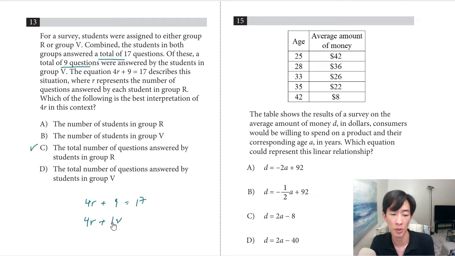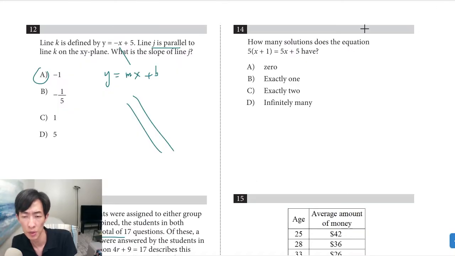So let's say there were 9 people in group V and they each answered 1 question. That's what it would look like. Or it could have said something like this: 4R plus 3V equals 17. And this would mean that each person in group V answered 3 questions, each person in group R answered 4 questions. So regardless, they kind of just want you to be able to read the equation, and C is the answer.